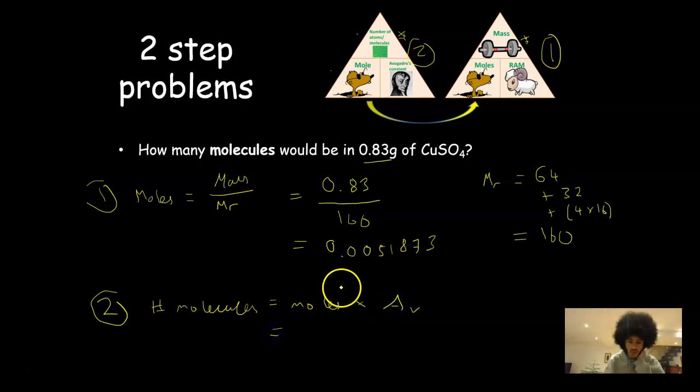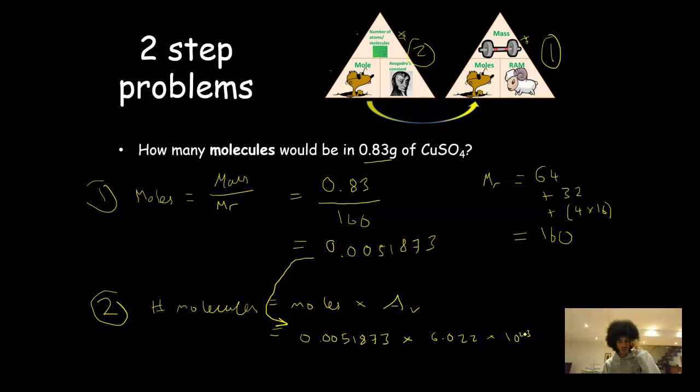And that equals this previous number, so this is now used here. So it's 0.005187, and I times by Avogadro's constant, which is 6.022 times 10 to the 23, which will give you a very large number. Okay, so that's how you do these problems.